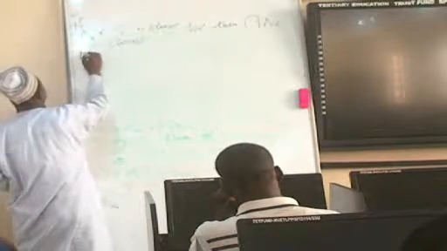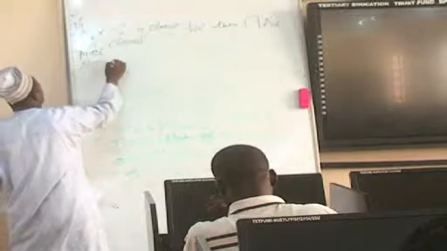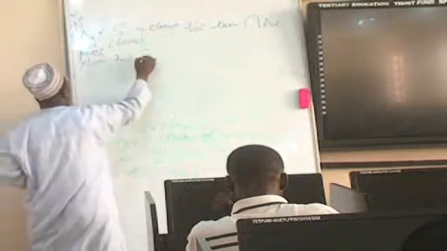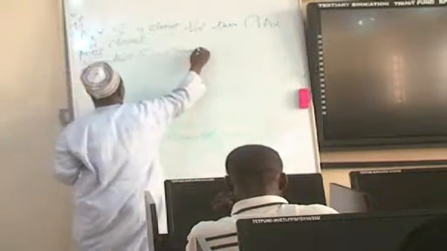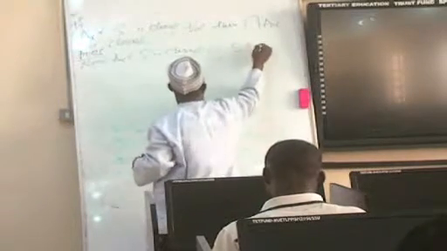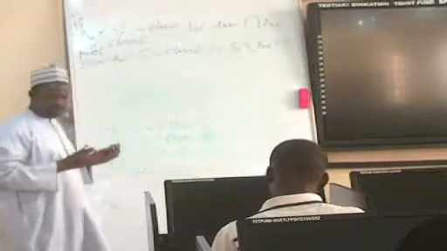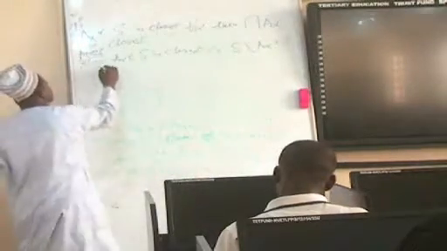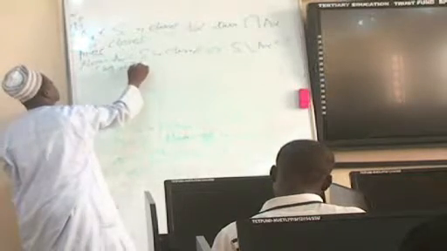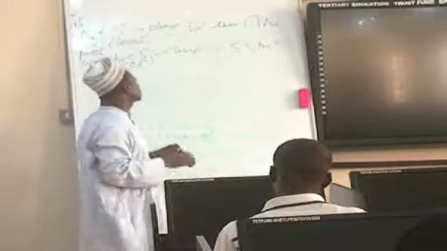Proof of this. Now, A alpha in S is closed means what? S minus A alpha is open. That's by definition of closed sets. Good.